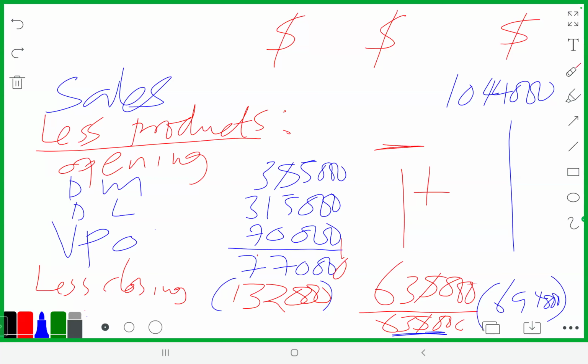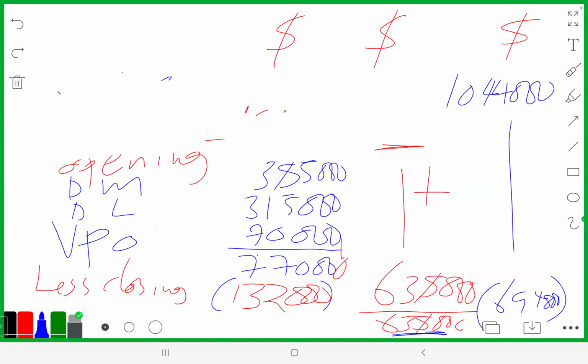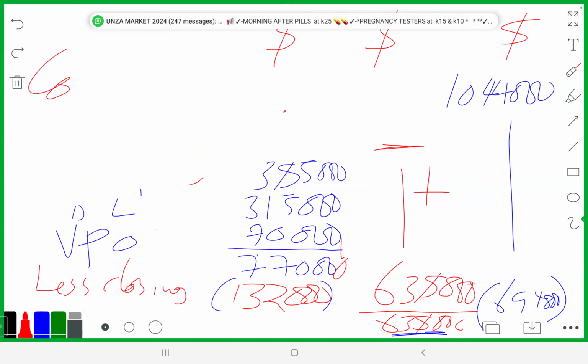So that difference, you should deduct it from the sales. The value that you find is called the contribution. It's not gross profit.